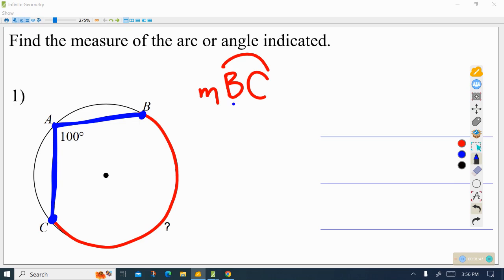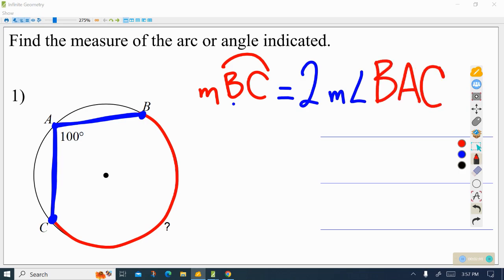The theorem that we have in this case is this relationship: the measure of an arc is equal to double the measure of the angle that intercepts it. In this case, that's the angle BAC. So we know the measure of angle BAC, which means we can substitute that in here.